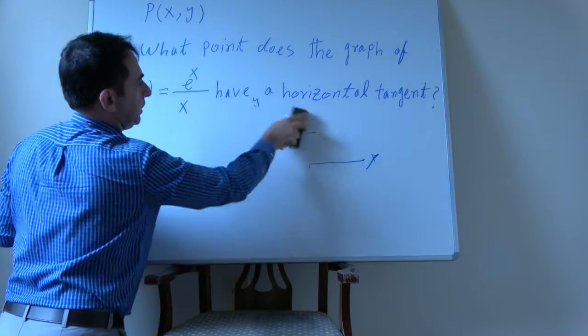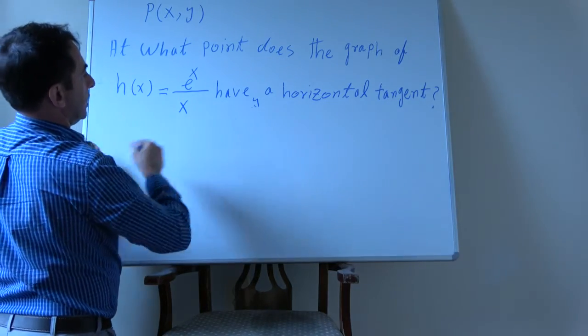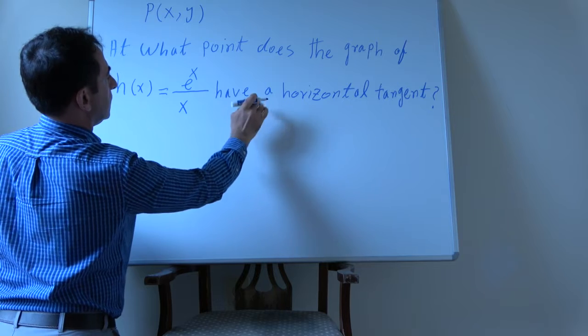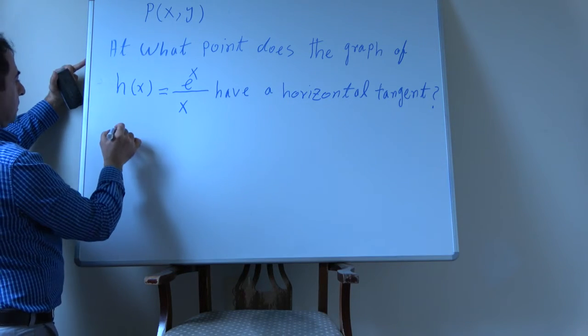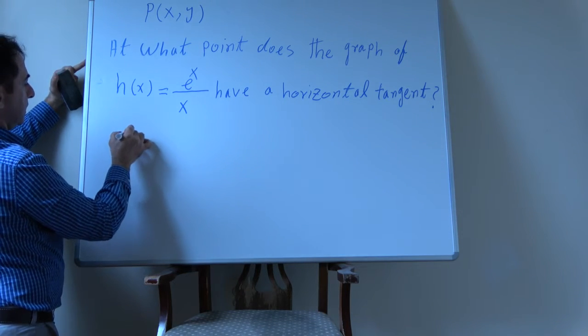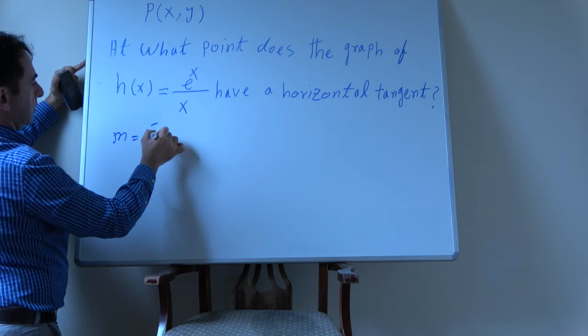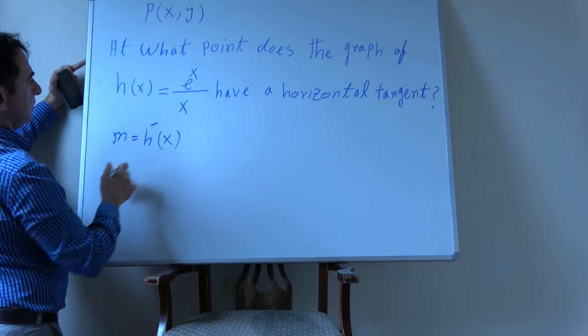So we are finding that point. The slope is m equals h'(x).